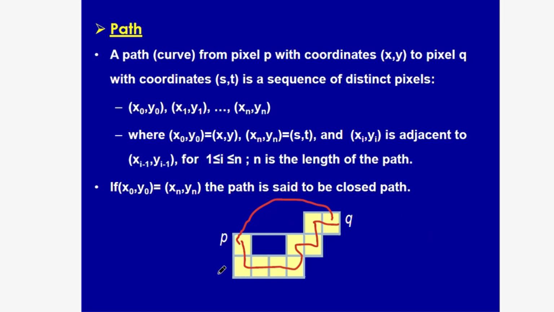Then what is going to be the length of the path? Suppose the starting pixel is (x0, y0) and the next pixel is (x1, y1), and this is (x2, y2), (x3, y3), (x4, y4), etc. Up to (xn, yn), n is called the length of the path.